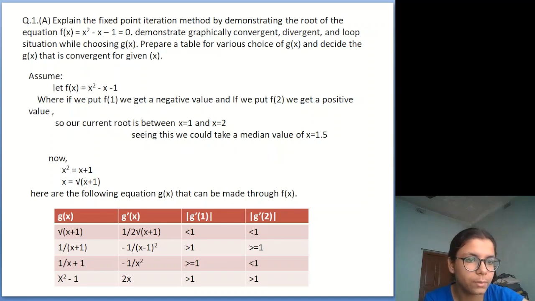You could say this was our summarized table till now.